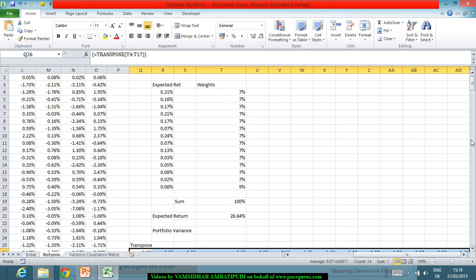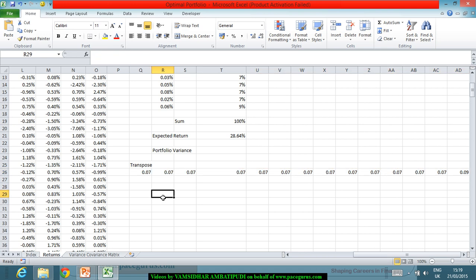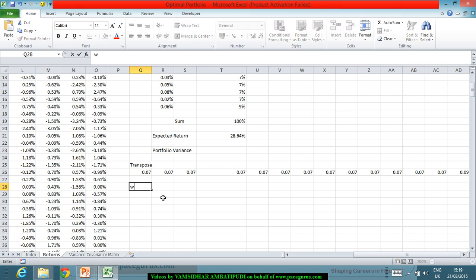Okay, so these are the transpose of the weights. Then all we are saying is I want to do a matrix multiplication of W^T times V. So W transpose multiplied by V.